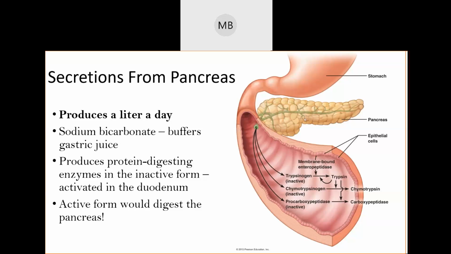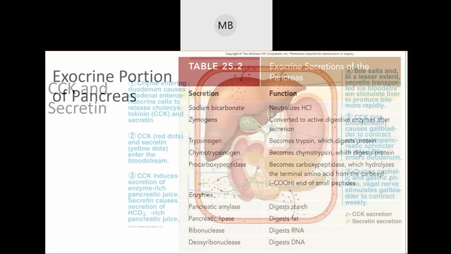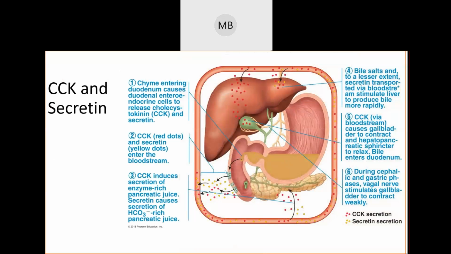And that's what your pancreas does as far as helping you digest stuff goes. It creates a number, I'm not asking you to memorize all of these, but these are all of the different enzymes and secretions that it will make to help you digest things. So your pancreas helps a great deal, which is why we're worried about CCK and these other secretants here in this lovely image again.